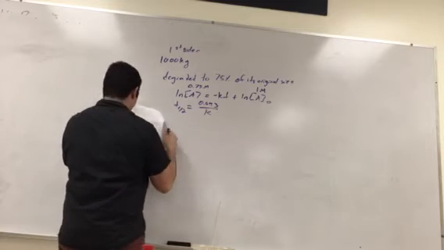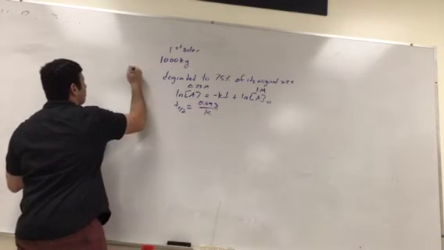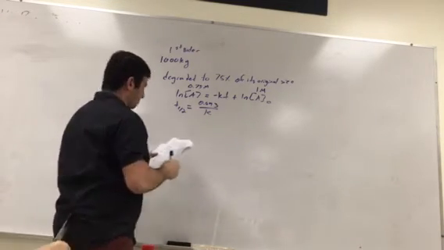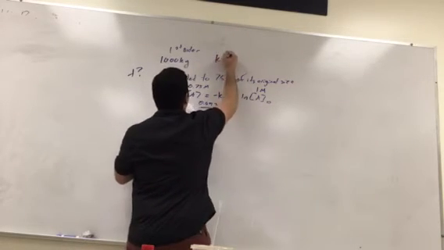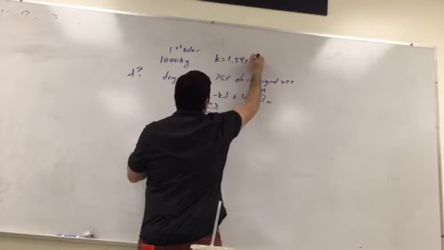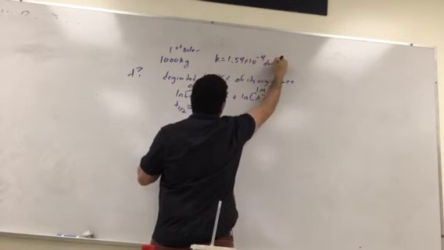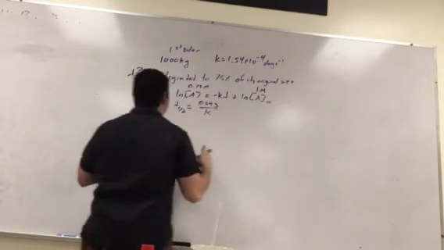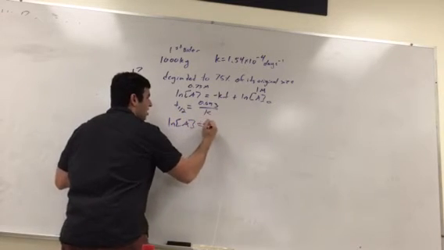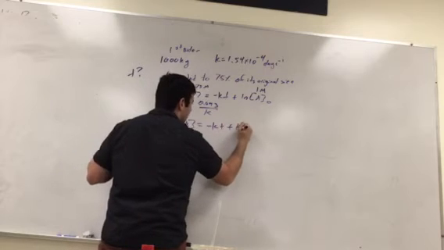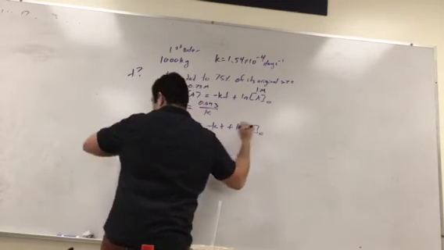The question asks how long it took, so we're looking for t. And it said k from the previous problem was 1.54 times 10 to the negative 4 days inverse. So natural log a equals negative kt plus natural log a naught.